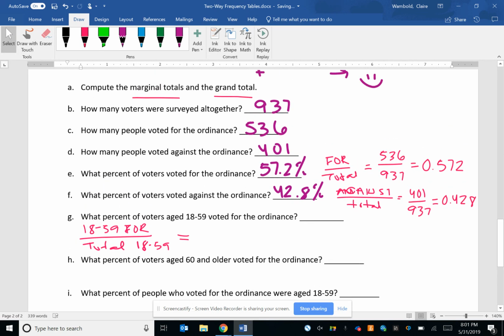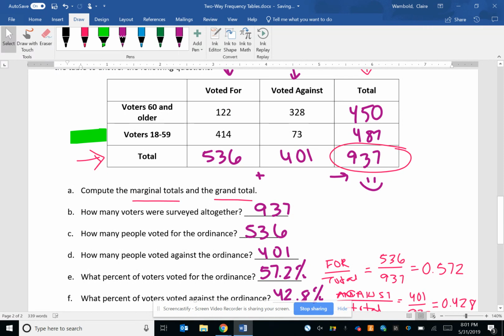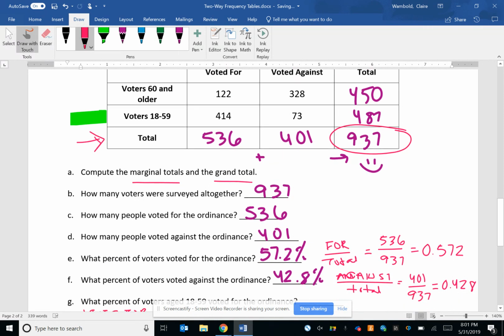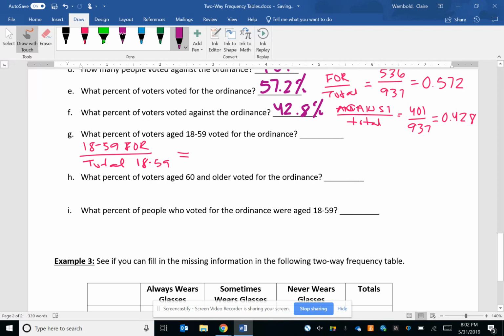So the 18 to 59-year-olds who were for, there were 414 out of 487. So again, that would be my proportion, 414 out of 487, but we're using our calculator and division to convert that to a decimal, 0.850 if we're rounding, which is 85%.